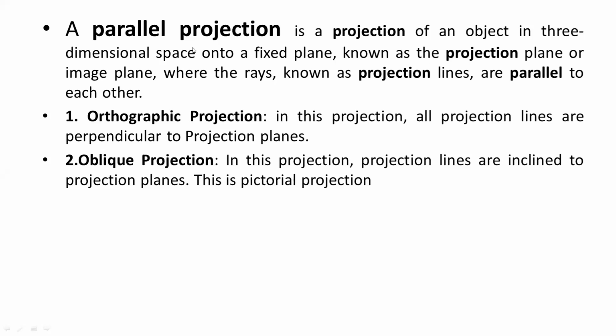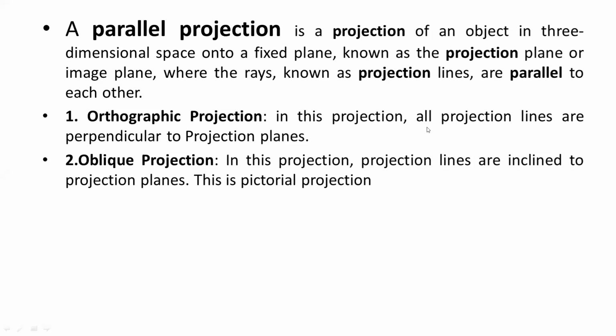So parallel projection means all the projector lines that pass through the visible outline of the object are exactly parallel to each other. In parallel projection, the first type we have is orthographic projection. So what is orthographic projection?